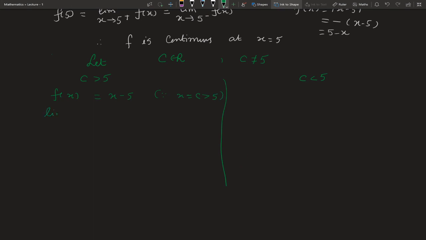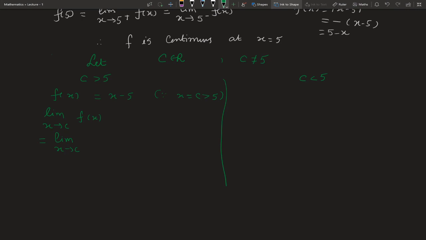So limit as x tends to C of f of x is nothing but limit as x tends to C. Note that there is no need to consider the right hand side limit; we have already discussed these things. Our C, a real number, is greater than 5.